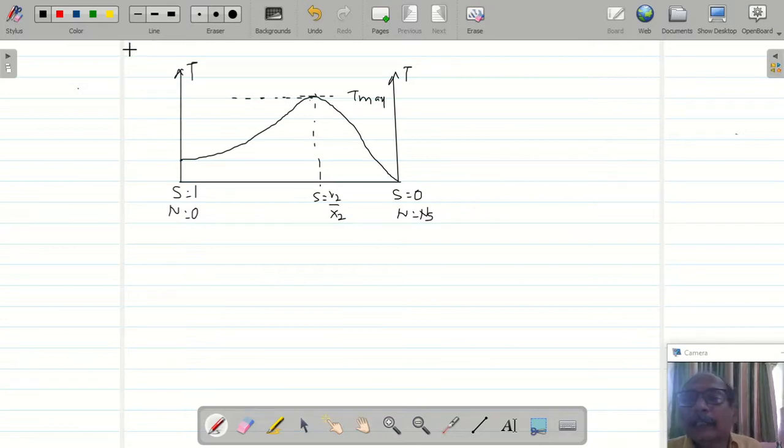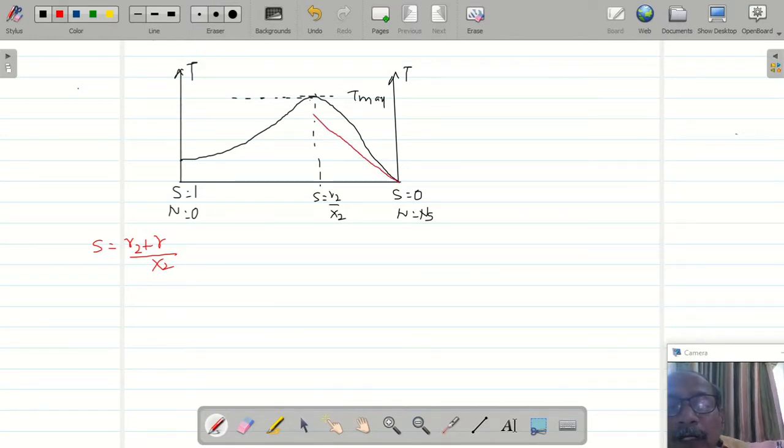As we insert some resistance, R2 will increase. What will S be? R2 plus R upon X2. If you insert the additional resistance here, maximum torque will not increase, but the slip at which maximum torque occurs will change. You will get the same characteristic here.